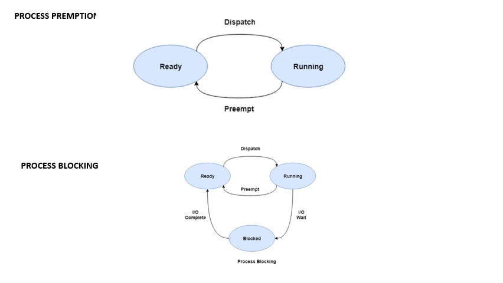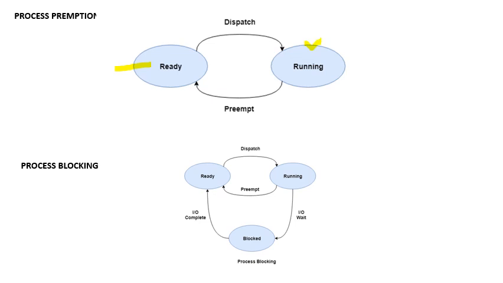We all know that if a process is loaded into the main memory and is ready to execute, it will be in the ready state, and then it goes into the running state.